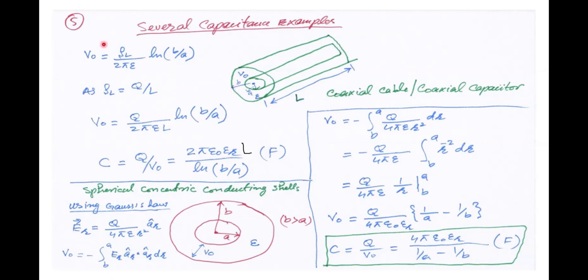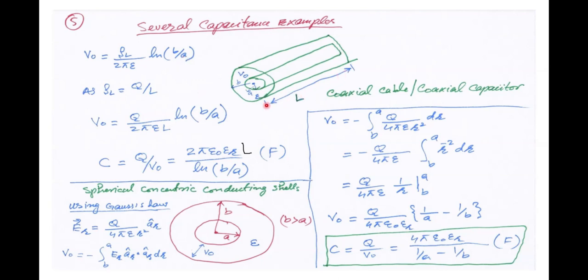In previous lectures, we obtained that the potential between the inner conductor of radius a and the outer conductor of radius b of a coaxial capacitor, or coaxial cable, is given by this relation, where b represents the radius of the outer conductor and a represents the radius of the inner conductor.